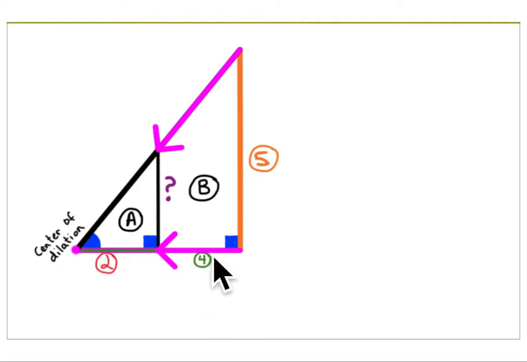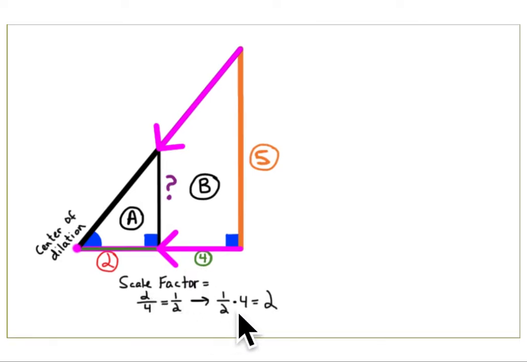This value is 4 units for triangle B, the larger triangle, and 2 units for triangle A. So that is 1/2. It's scaled down, decreased by 1/2. The ratio of 2 to 4 is 1/2, so the scale factor is 1/2. Well, if that's true, then 1/2 of 5 is going to give you this length.